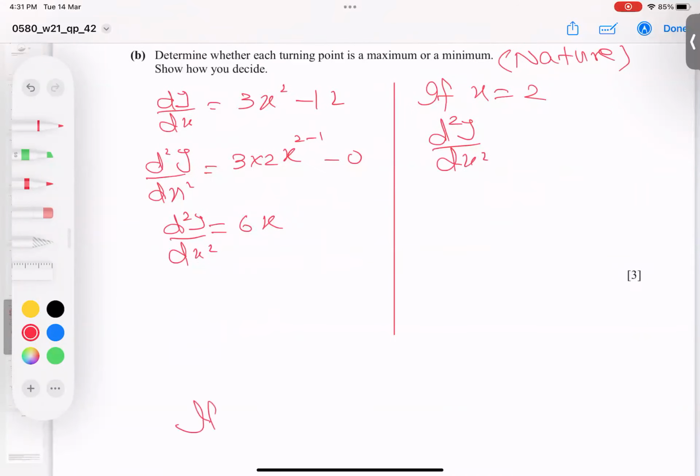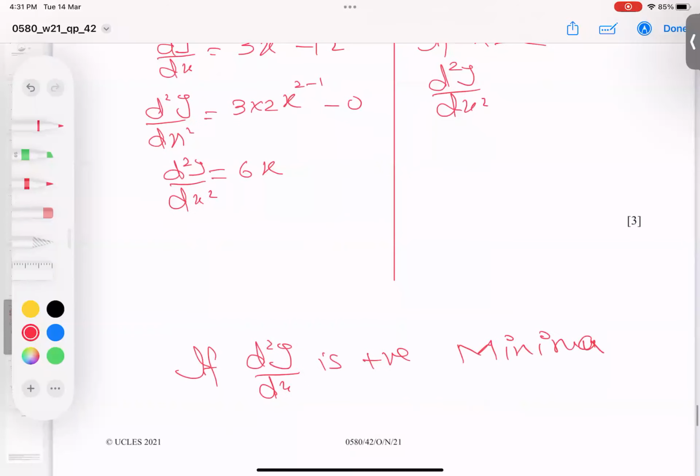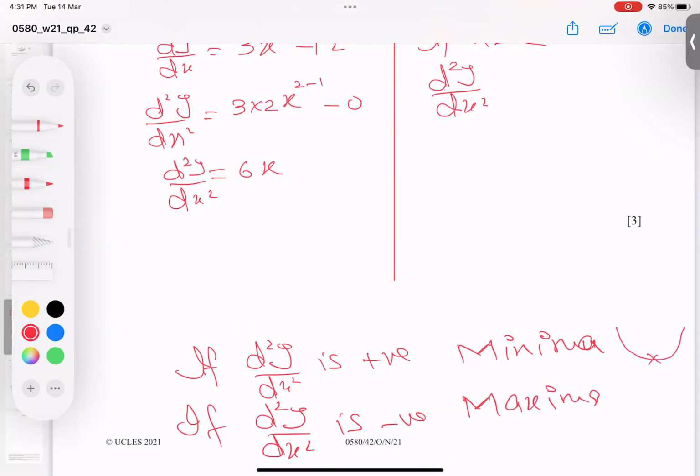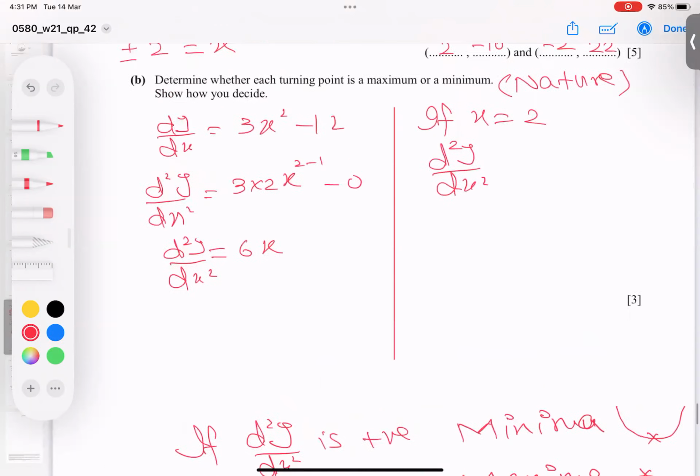If the second derivative answer is coming positive, this is called point of minimum or minima. And if the second derivative value is coming negative, it's called point of maxima. Like this is going at the bottom, this is the point of minima, and this is the top, called point of maxima. So I think we can decide easily.